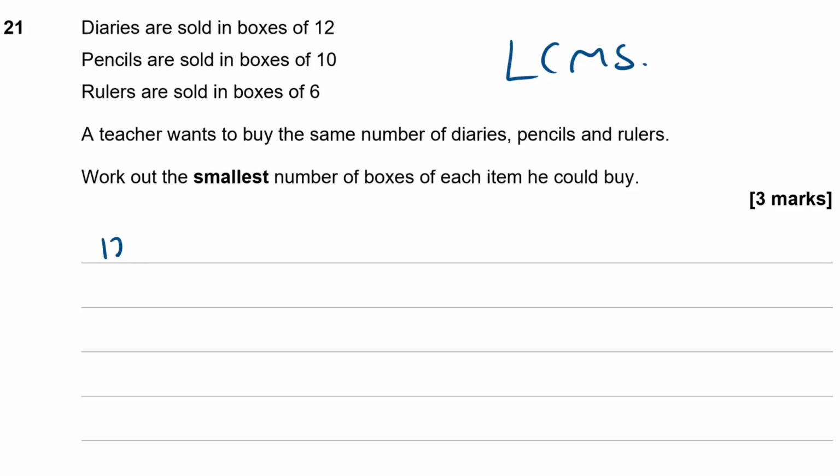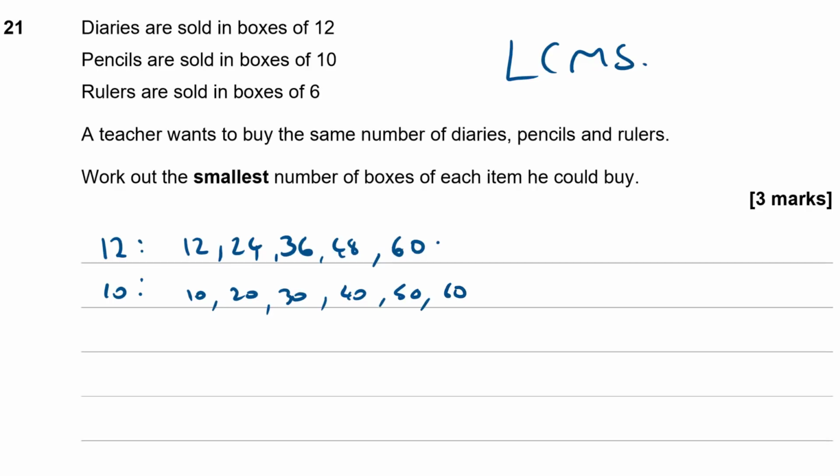So let's start with the 12 and work out the first few multiples of 12. First few multiples of 12 are 12, 24, 36, 48, 60. Okay, let's just stop there and then try doing the first few multiples of 10. 10, 20, 30, 40, 50, 60.